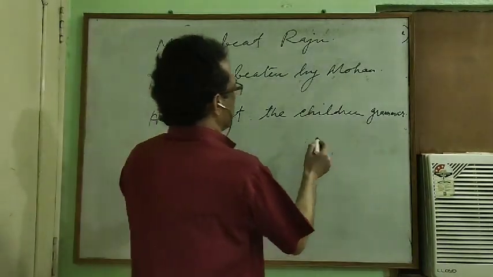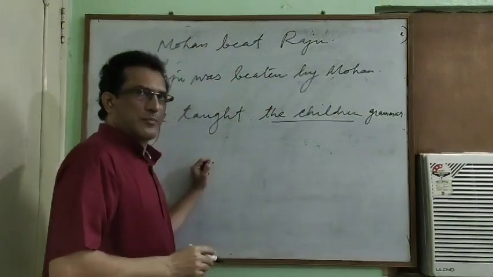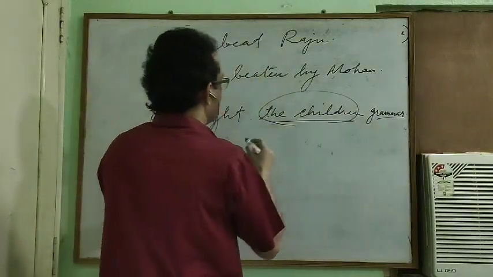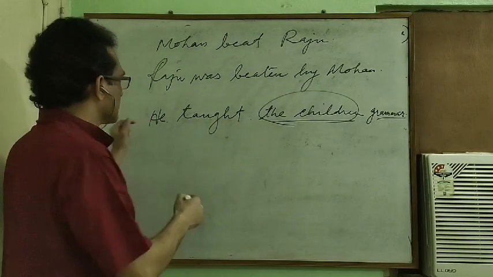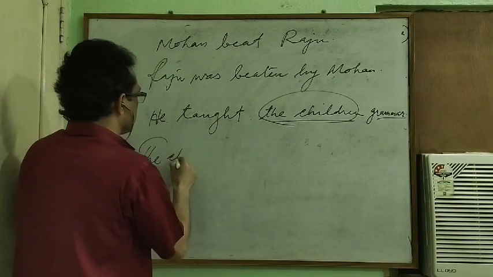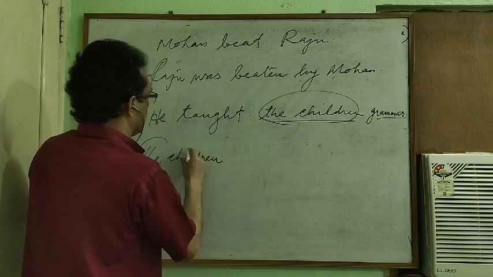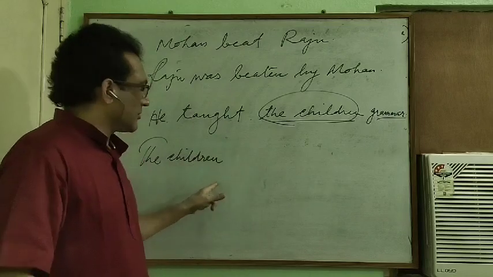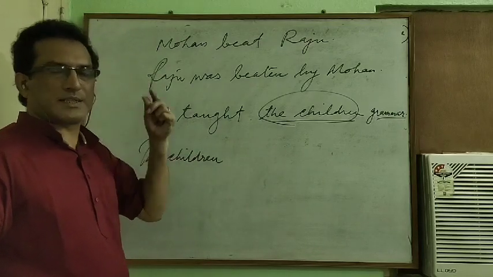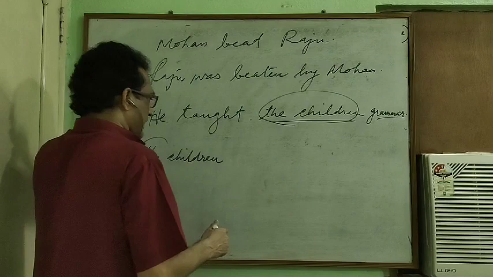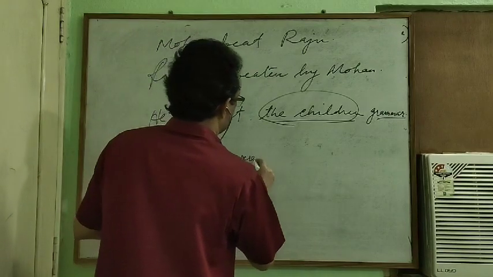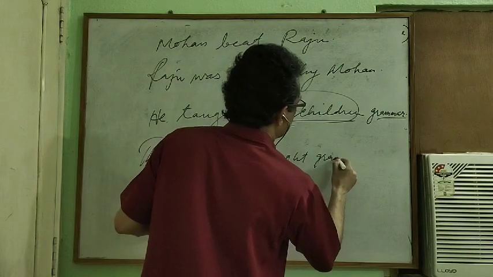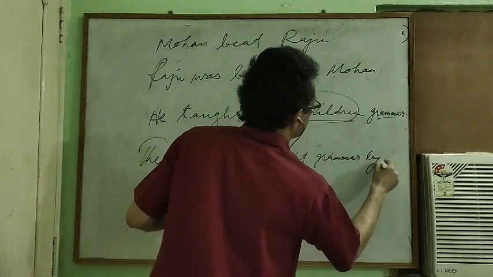Now, here we know one is a plural object, another one is a singular object. So let us take the plural object. If we take the plural object, the children, in past tense, past form of be is was, were. So children plural. So the verb that agrees with children is were. Children were taught grammar by him.